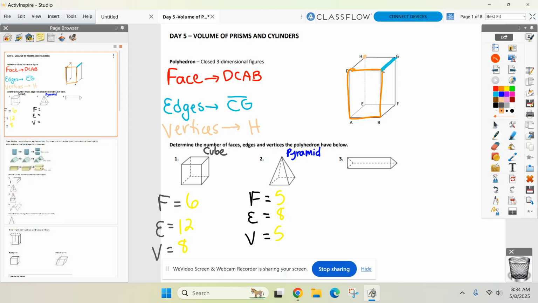All right, last one here to count the faces and edges and vertices. This is called a prism, which we're going to start talking about today. Not only is it a prism, let's get more specific, it's a triangular prism. I'll tell you why it's called the triangular prism when we start looking at them later. Triangular prism. So again, faces, edges, vertices.